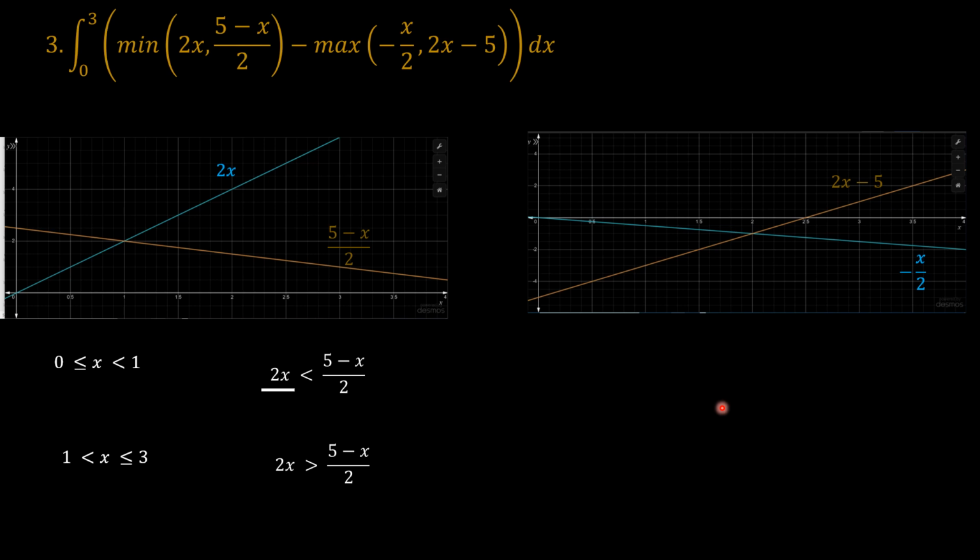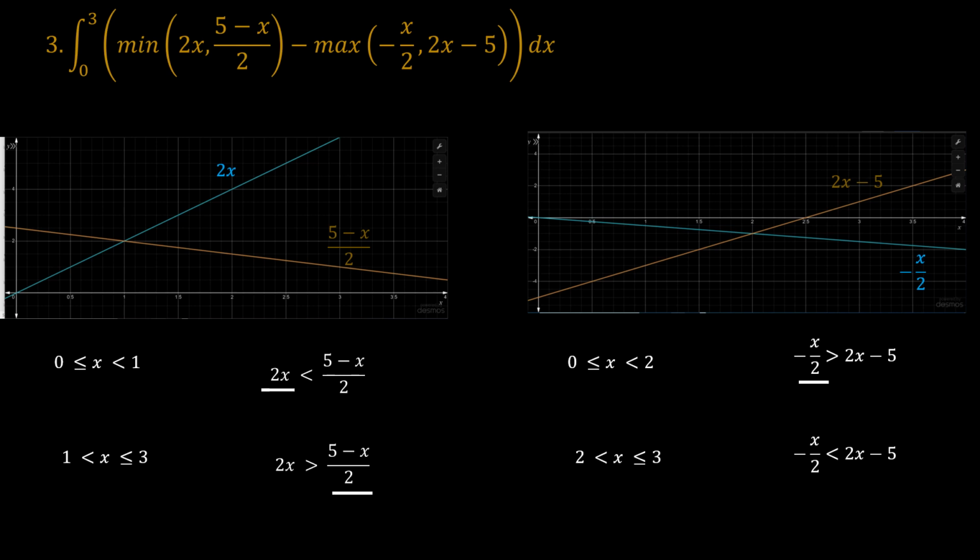And then for the second item there, from 0 to 2, negative x over 2 is greater than 2x minus 5, so negative x over 2 is our maximum. And then from 2 to 3, we see that 2x minus 5 is the maximum. So we'll choose negative x over 2 in this interval and then 2x minus 5 in the second interval.